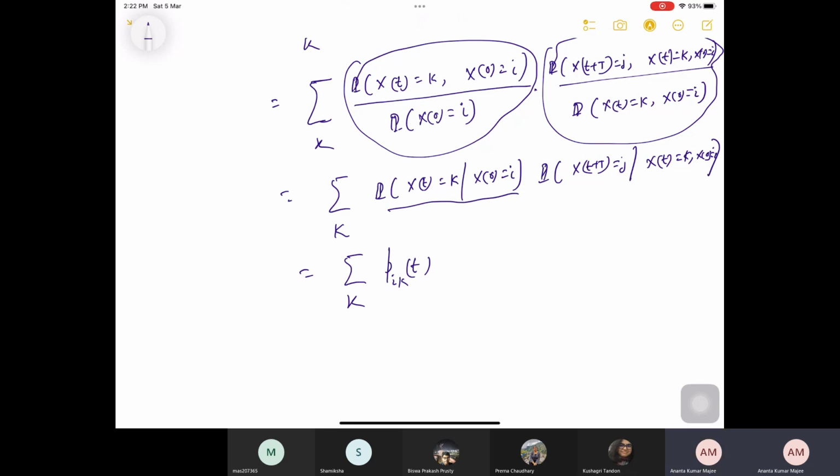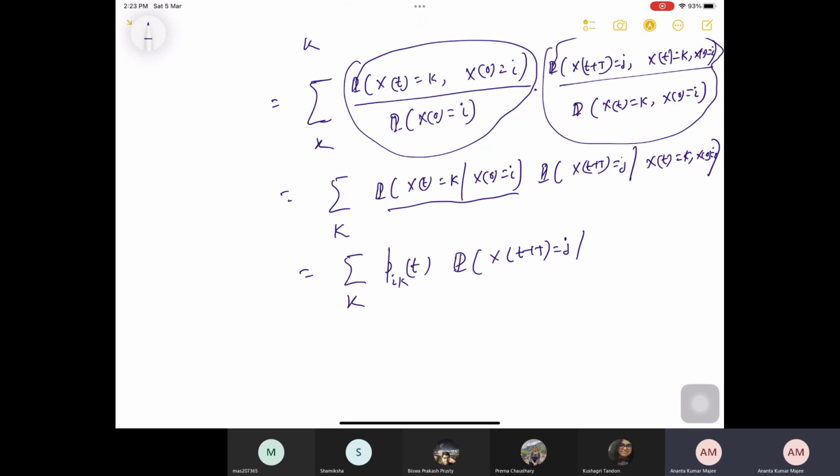We have three points, 0, t and t+T, so it satisfies the Markov property. In particular, this is the same as probability of X(t+T) = j given X(t) = k, because X(t) is the current point.